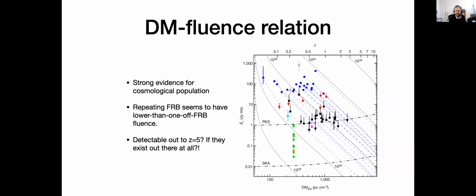What he found was that bursts that have larger dispersion measures are also fainter in comparison with the brighter ones. And so obviously the hidden variable there is distance. So that was the first hint, or rather a very good conclusive hint, that these things were cosmological.